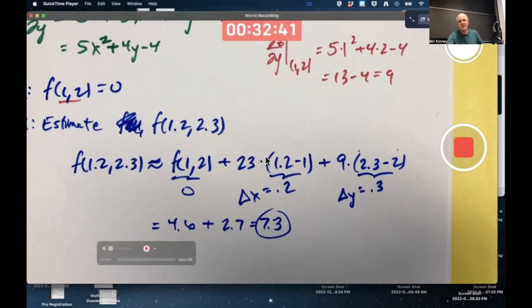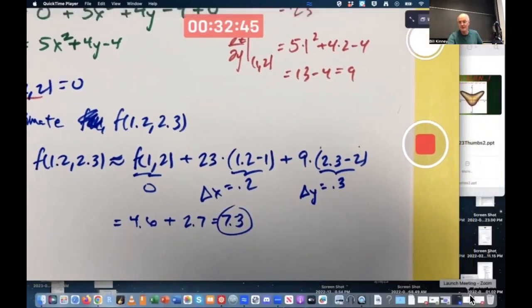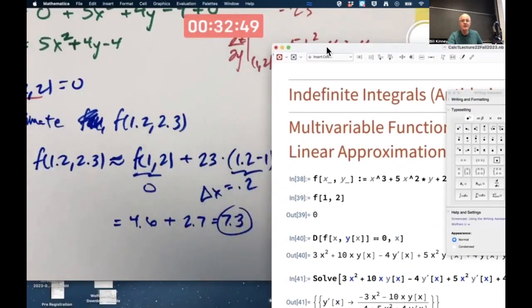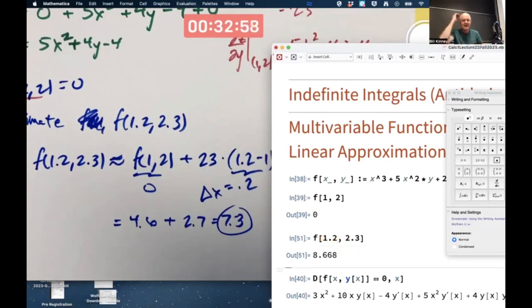These derivative values of 23 and 9 are fairly large. That's the reason why the function value changed so much. How close is it likely to be? It's hard to say without doing it. F of 1.2, 2.3 is 8.7 actually. We got 7.3. So not as close as you might hope.